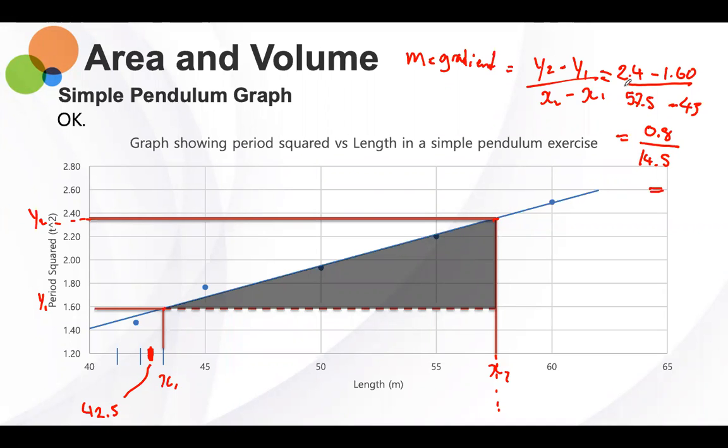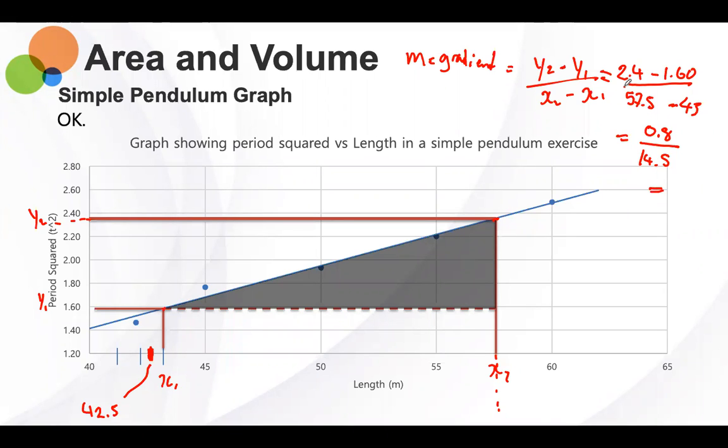It's not 14.5 divided by 0.8; it's 0.8 divided by 14.5.